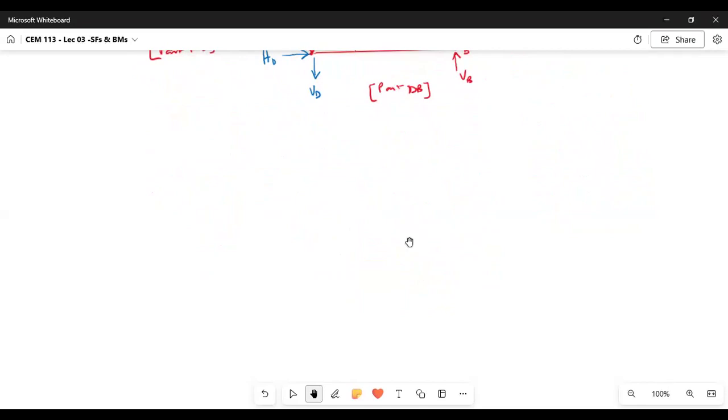So problem 3.10, because it's already in the slide, and I'm not going to waste too much time. So this particular problem this time around is going to be like this.